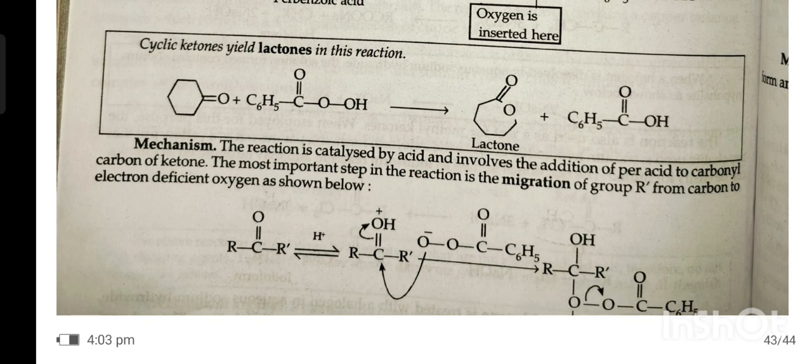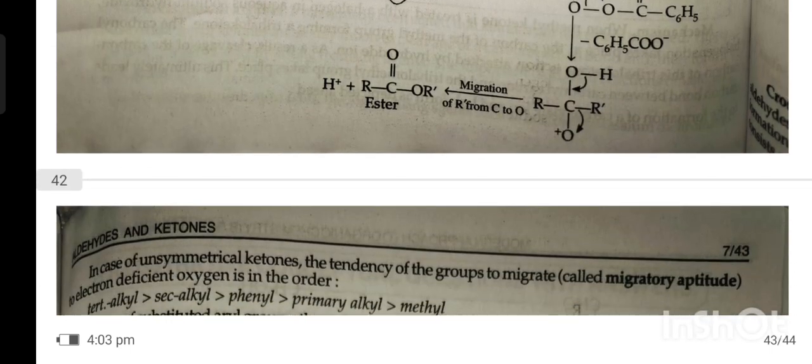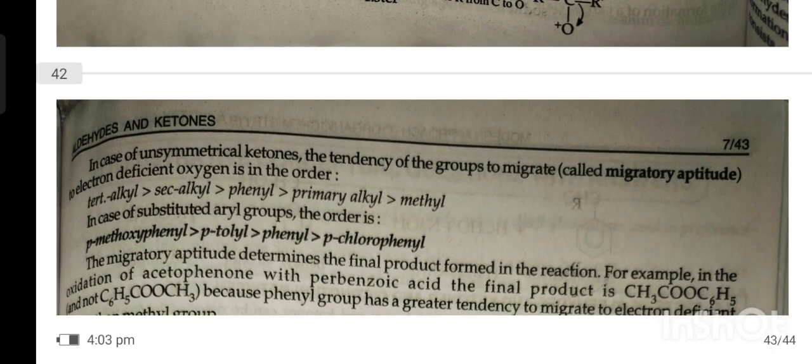Mechanism. The reaction is catalyzed by an acid and involves the addition of the peracid to the carbonyl carbon of the ketone. The most important step in the reaction is the migration of a group R from carbon to the electron deficient oxygen as shown below. In case of unsymmetrical ketones, the tendency of a group to migrate, called migration aptitude, to the electron deficient oxygen is in the order tertiary alkyl, secondary alkyl, phenyl, primary alkyl, methyl.